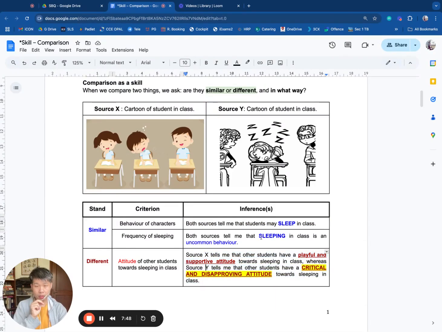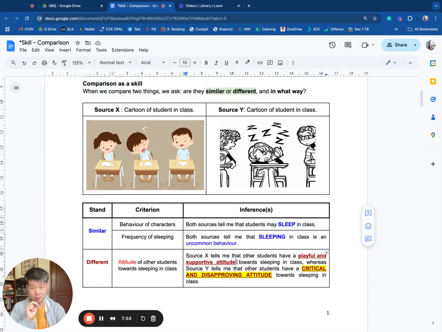So it's important here to notice that in the combined inference, both sources tell you the same thing. And in the contrasting inferences, the sources will tell you different things, and they must be opposing. Supportive must oppose with disapproving. You could write unsupportive, you could write opposing, but there must be a contrast, an oppositional element in your difference. That's the first observation.